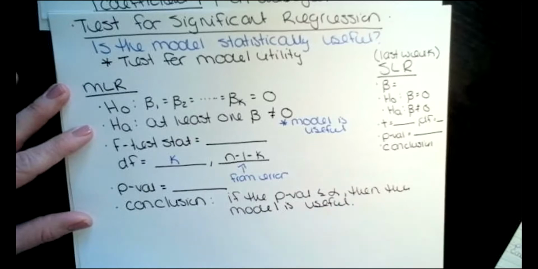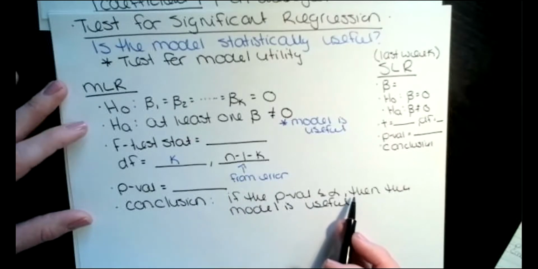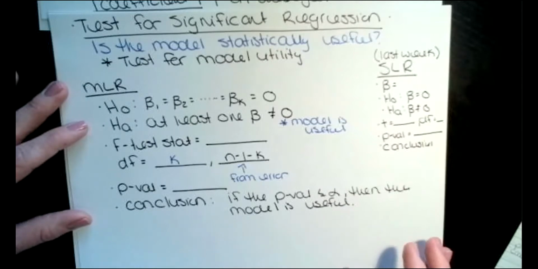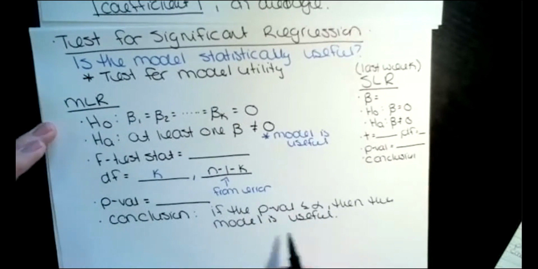You know, I like you to write a nice statement and conclusion with context. You don't even have to tell me the p-value is less than alpha, right? You can just write a nice conclusion at the 5% level of significance. You know, our model predicting y given these different x's is useful, that kind of thing.